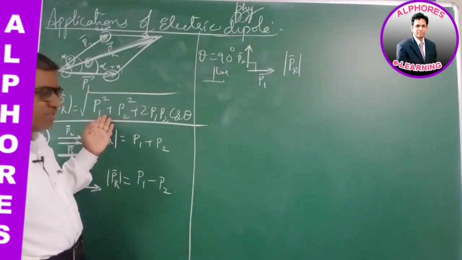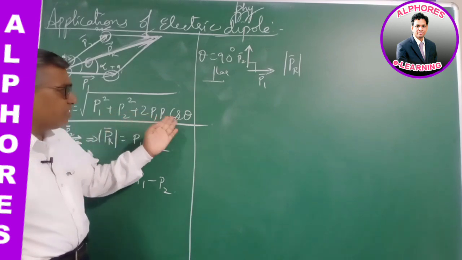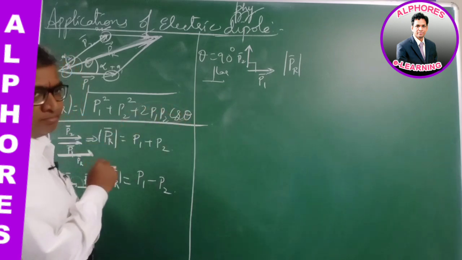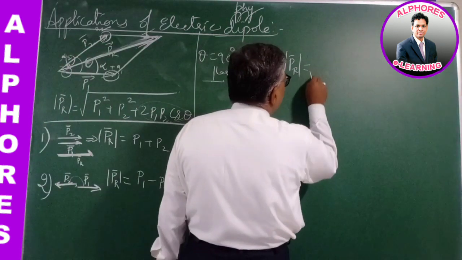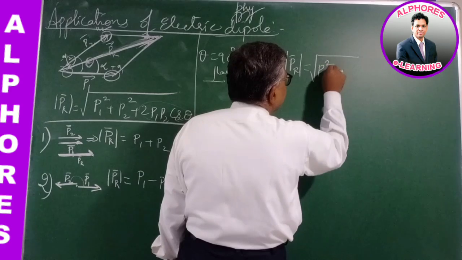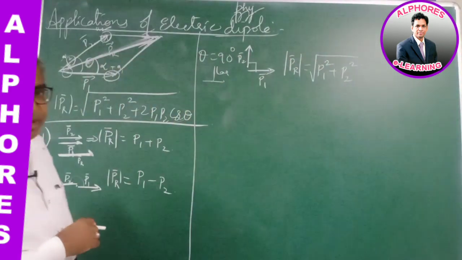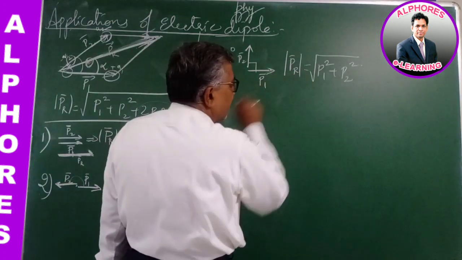So it is root of P1 square plus P2 square plus 2 P1 P2 cos 90. Cos 90 is 0. So therefore, it is equal to under root of P1 square plus P2 square. This is the magnitude of the resultant dipole moment when they are perpendicular.